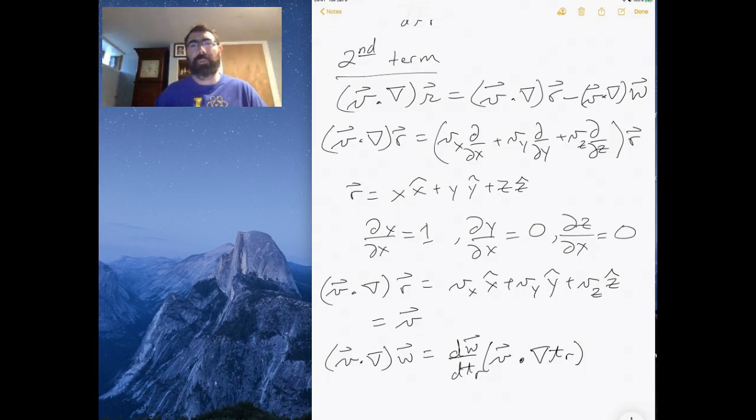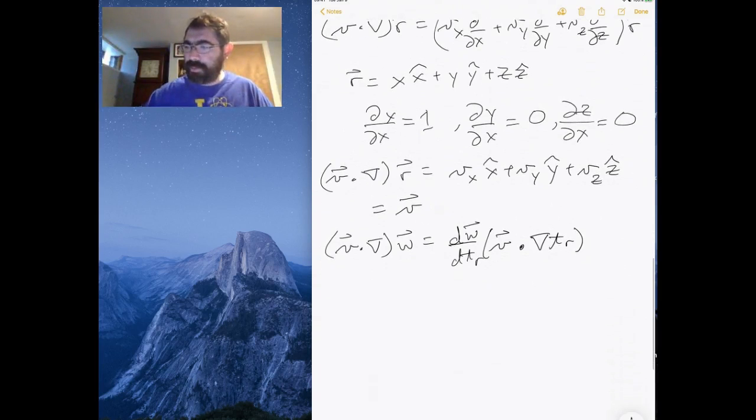So this is just like we did when we worked out the very first term in this expansion. So dw/dt is the velocity, and so what I end up with is the velocity times the gradient of t. Okay, and so that's what I get.